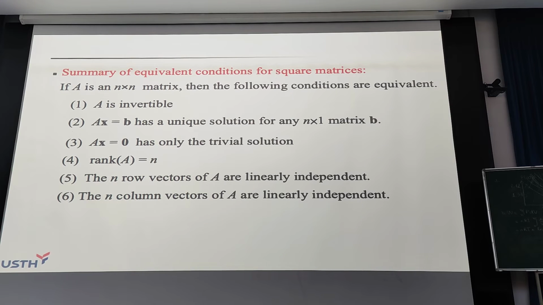And vice versa. If you are required to prove that the rank of A equals n, you need only to show that the n row vectors of A are linearly independent. It's up to you. You can choose which one is easier for you to verify.